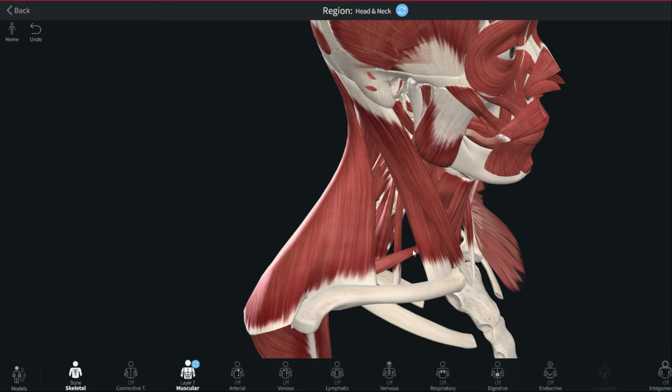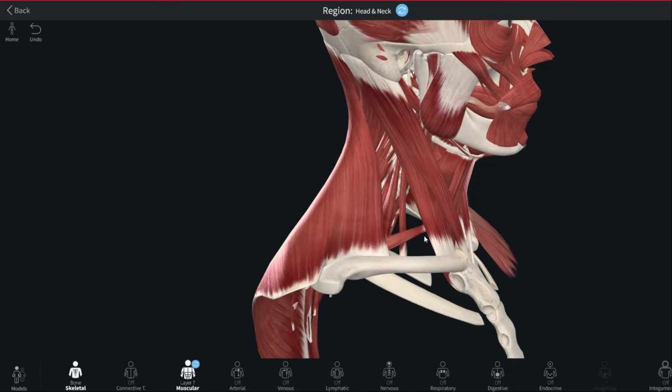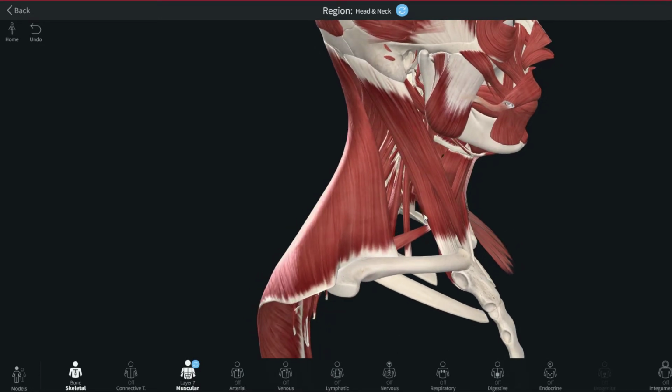What this very specific muscle is doing is dividing the posterior triangle into 2 more triangles, the upper triangle and the lower triangle.